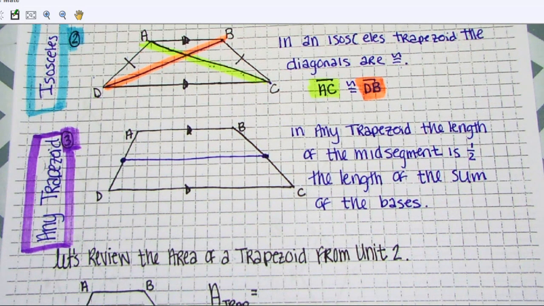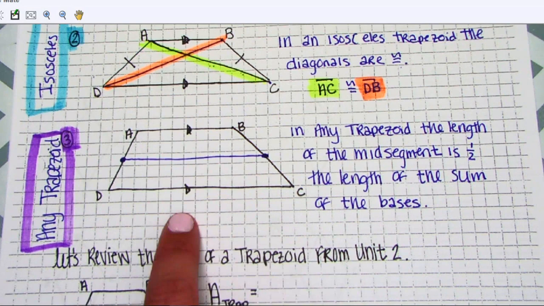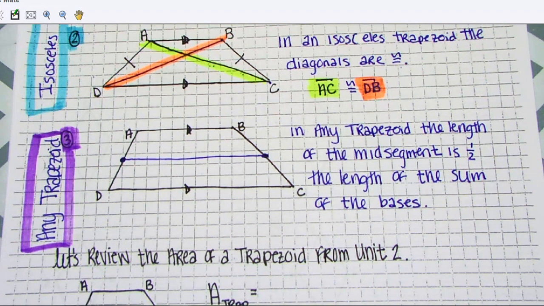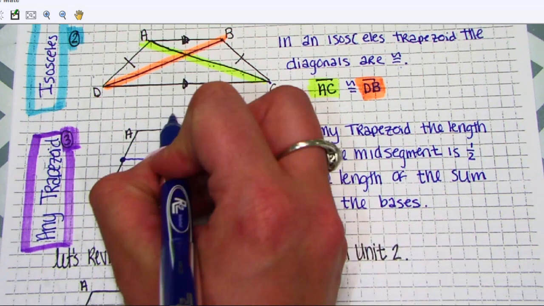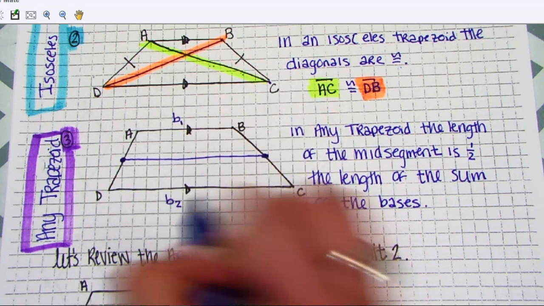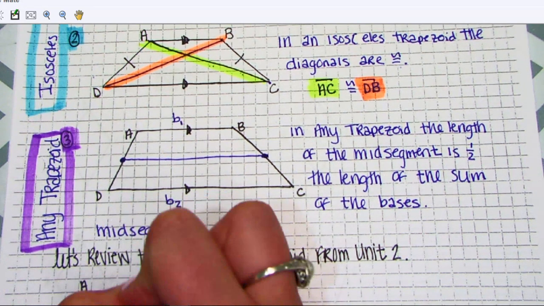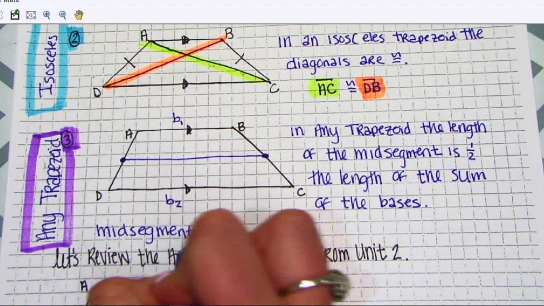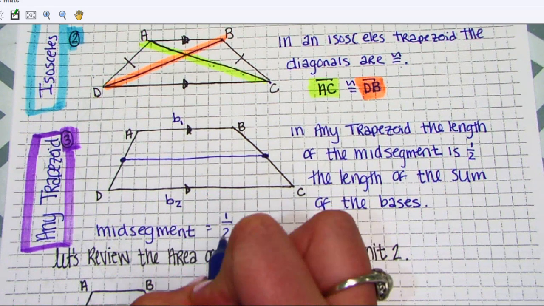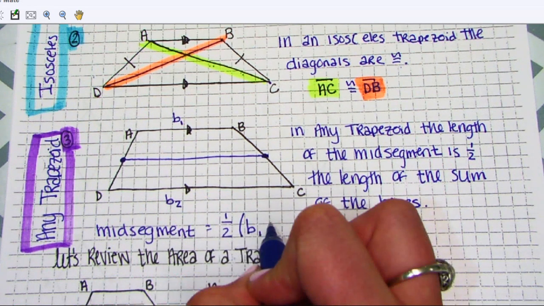The length of that segment is half when you add base 1 and base 2 together. So when you add the top and bottom and divide by 2, that will give you the measurement of the inside. I'm going to call this base 1 and this is base 2. So the formula is mid-segment equals 1/2 of base 1 plus base 2.